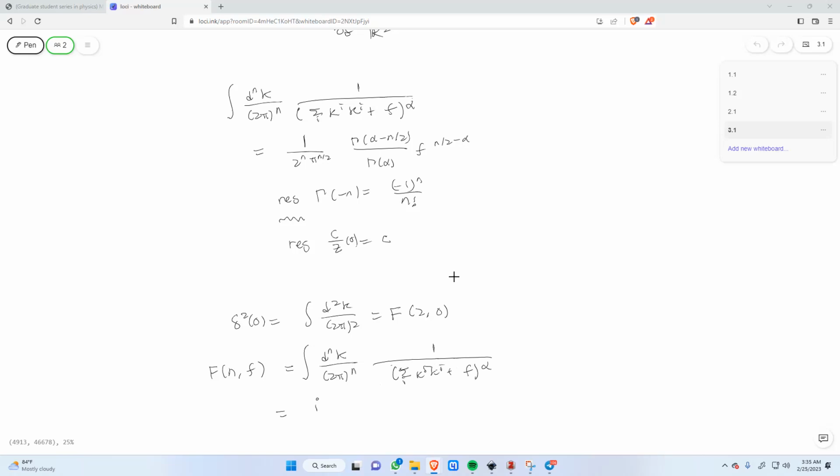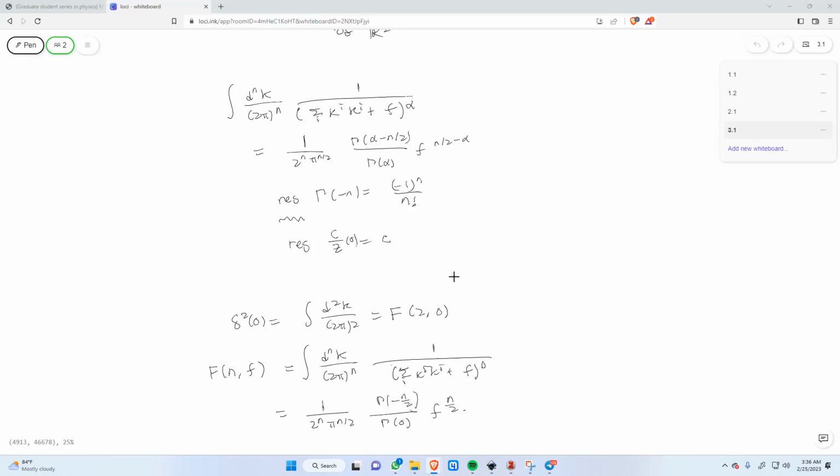So if we were to do this calculation, we just need to plug in a few things. Alpha is 0, so what we get is incredibly dumb, but it's cool. We get 1 over 2 to the n pi to the n over 2, gamma 0, gamma minus n over 2, then you get F n over 2.